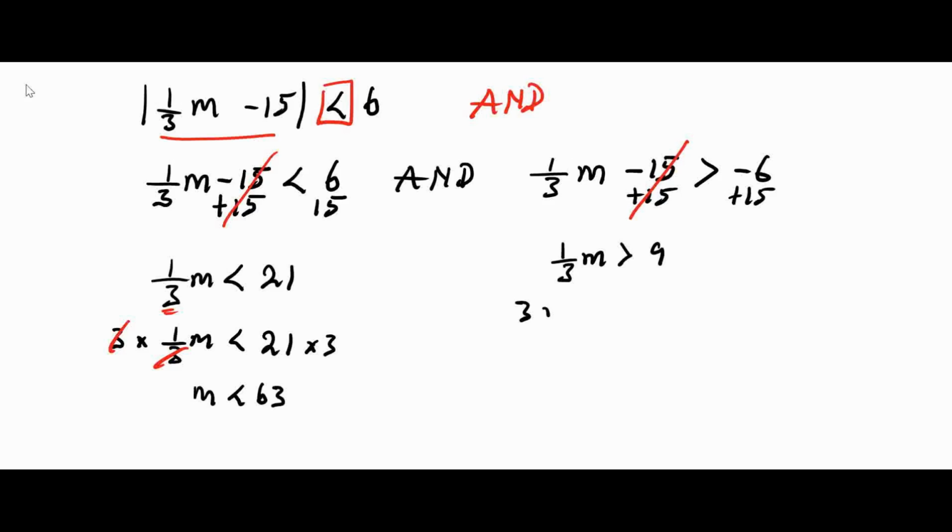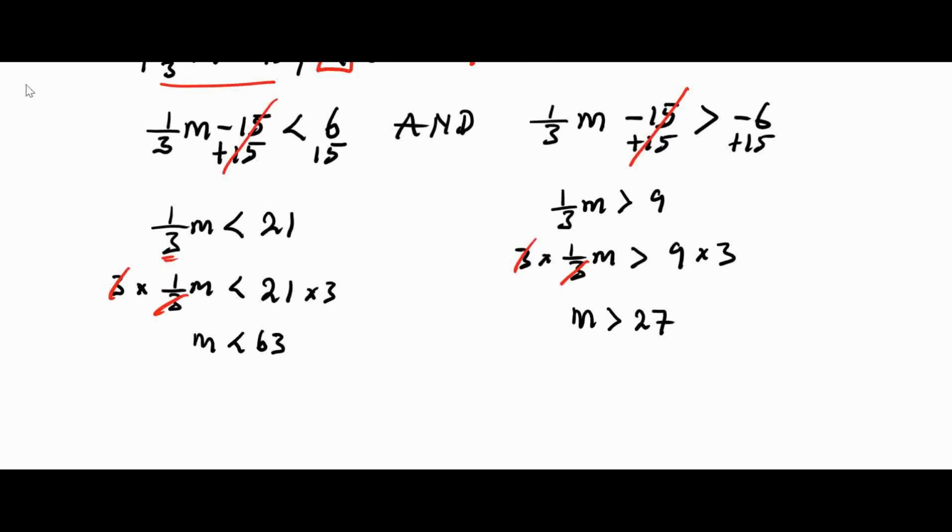So 3 times 1/3 m is greater than 9 times 3. So this 3 would cancel this 3 from here, and automatically m is greater than 9 times 3, which is 27.